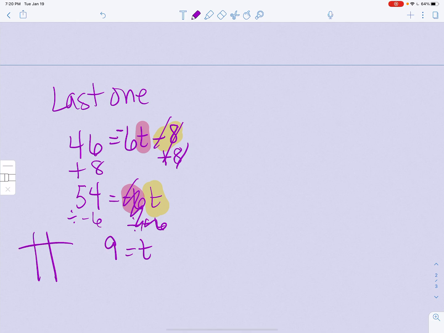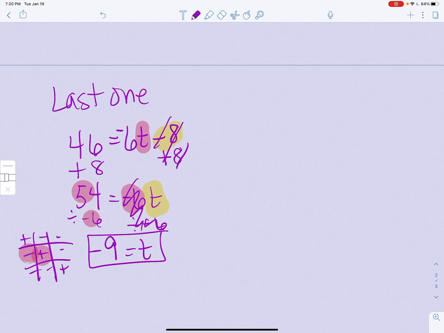And our tic-tac-toe, I have a negative and a positive, so my answer has to be negative. So this is your answer there. You will type it as such. I do believe, yes, you will type it as such. Now we're done.